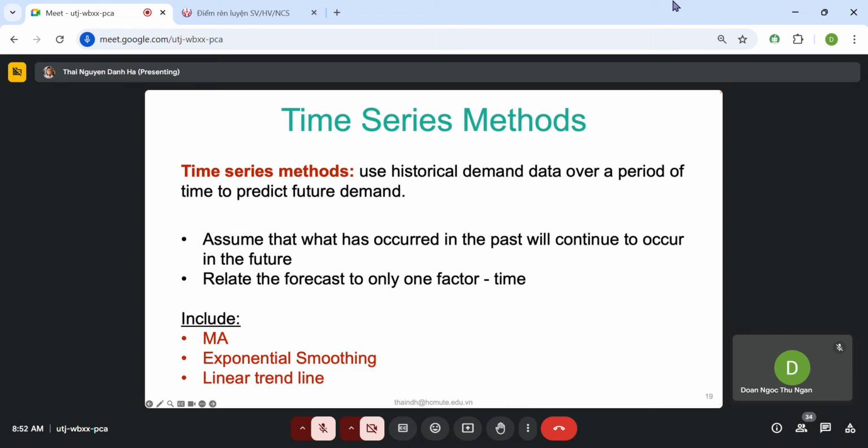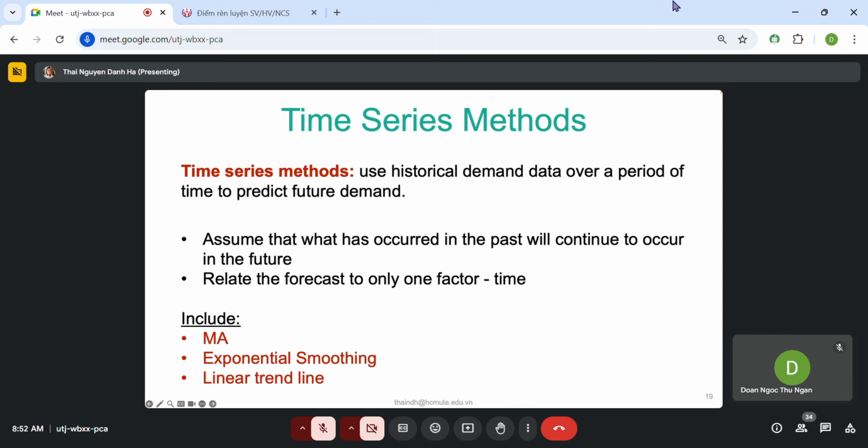The first one is the moving average. The most important moving average technique we call the naive. What is the naive? The demand in the current period is used as the next period forecast. We just use exactly the same data as in the past.